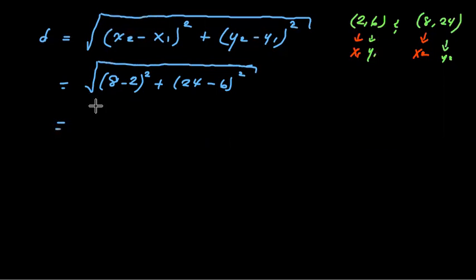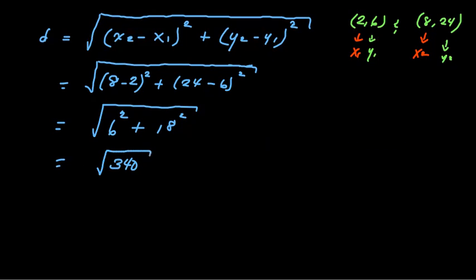All right, so here we go. 8 minus 2 is 6. So this is 6 squared. Plus 24 minus 6 is 18, 18 squared. And again, we're taking the square root of that. And now when you work that out, you're going to get 340 under the square root sign, which is going to give us a number that looks like this: 5.830095.